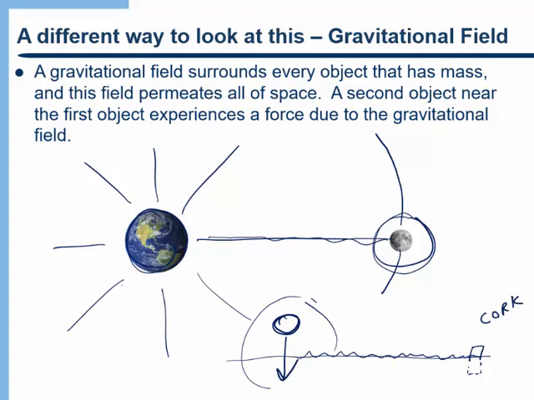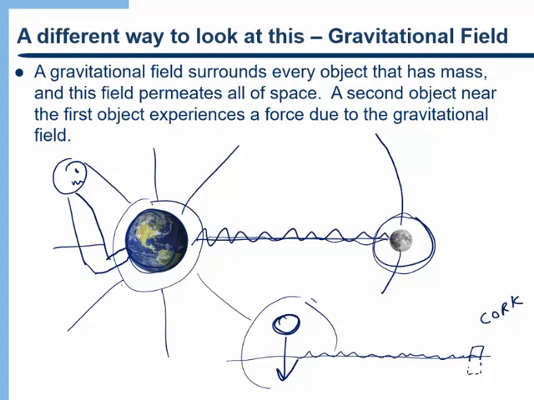That's exactly what happens with a gravitational field. If somehow, I don't know, we've got another monster that comes up and kicks the Earth, how would the moon know about it? Well, it wouldn't know about it instantly. That change in the Earth's position would have to propagate through the gravitational field, and that's when the moon would find out about it.